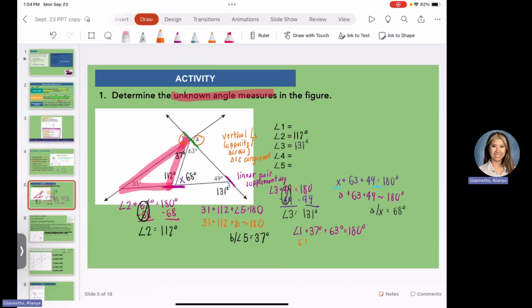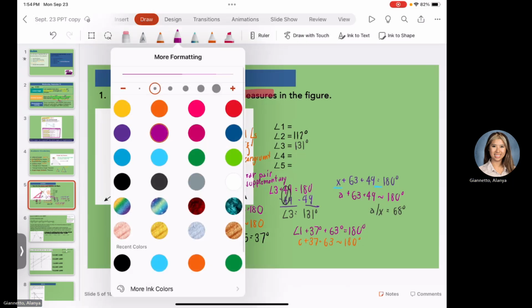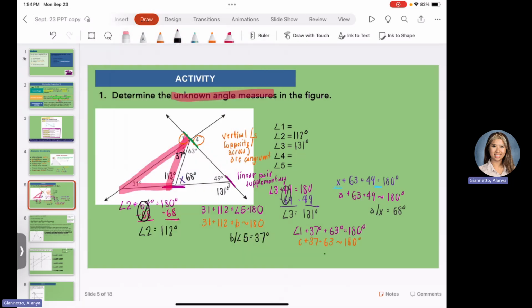Let's say that's C plus 37 plus 63 tilde 180 degrees. If you type that in correctly, you're going to get that C, or angle 1, is equal to 80 degrees. And if we know that angle 1 is 80 degrees, we know that angle 4 is also 80 degrees because it's vertical. And here was angle 5, which was the 37 degrees.